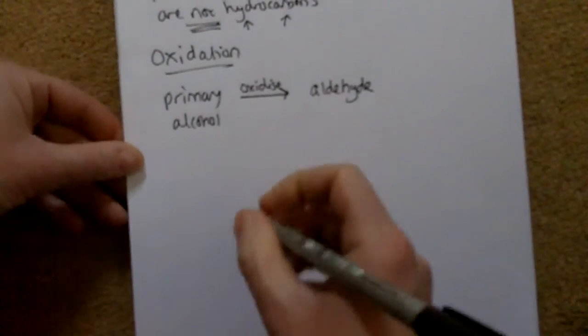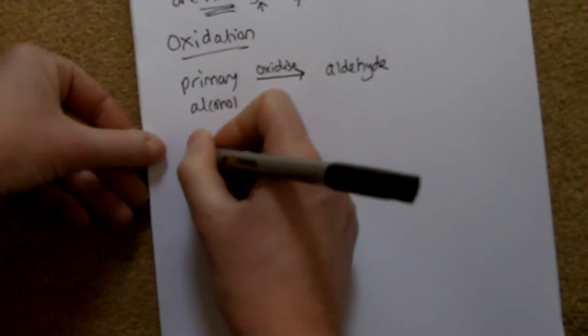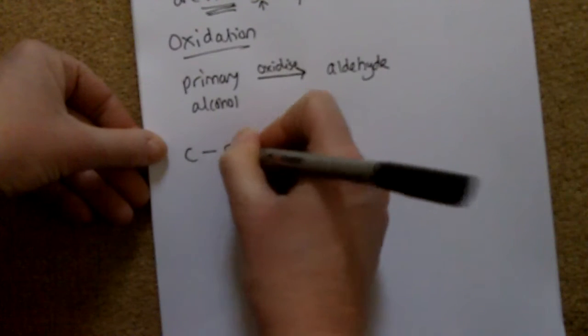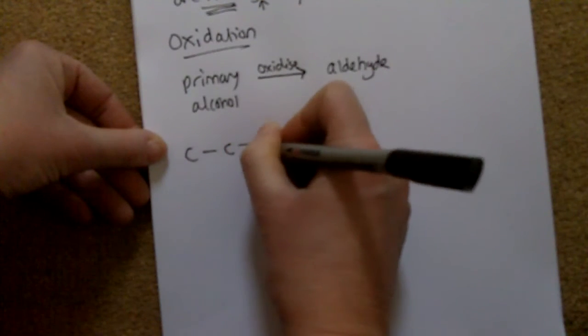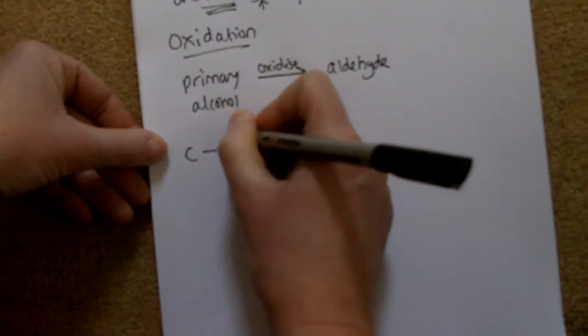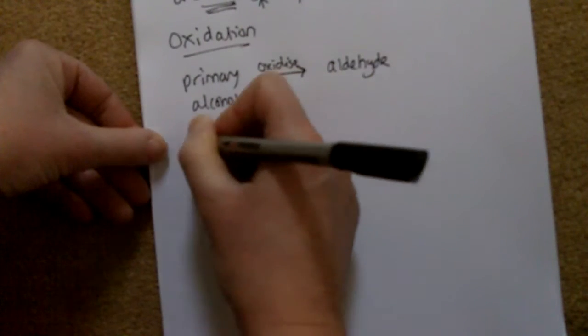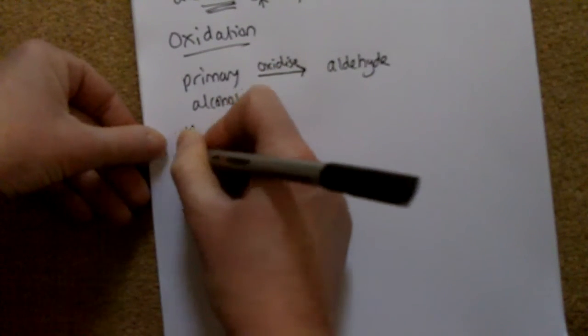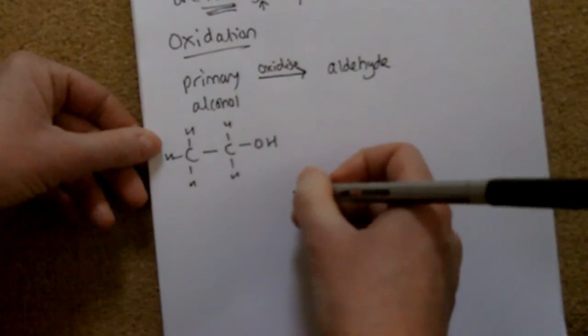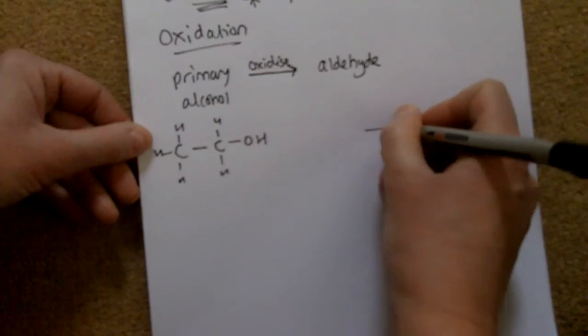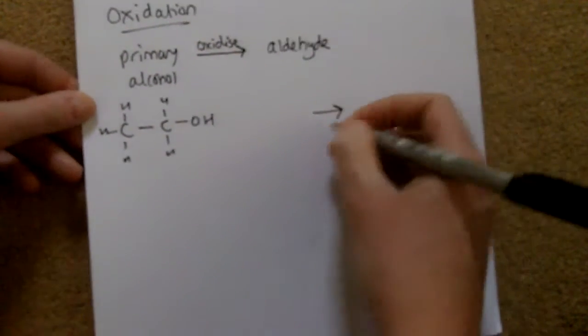Okay, we're going to show this in action. So we're going to take a simple alcohol. I'm going to just draw it out really clearly. Simple alcohol. Okay, an alcohol, and we're going to turn it into, it's called an aldehyde.